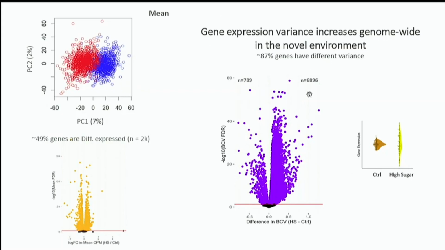You can see the numbers here: around 7,000 genes increase variance when you go to high sugar, while only a couple of hundred decrease variance. So this is a genome-wide increase in variance, and we could discuss why this could be the case. Basically, we are living in this universe where control conditions have relatively low variance, and high sugar has higher variance.